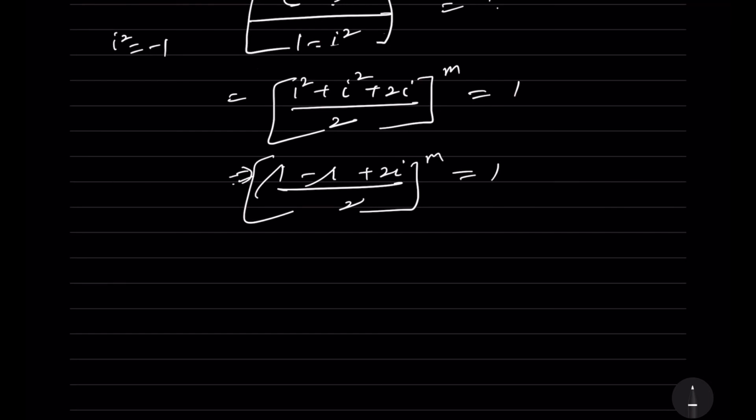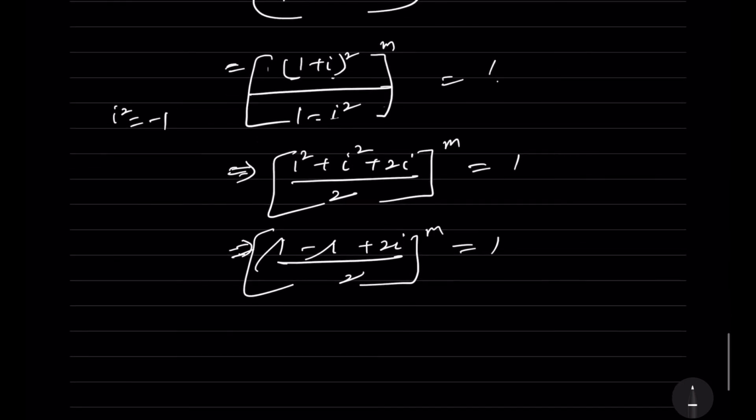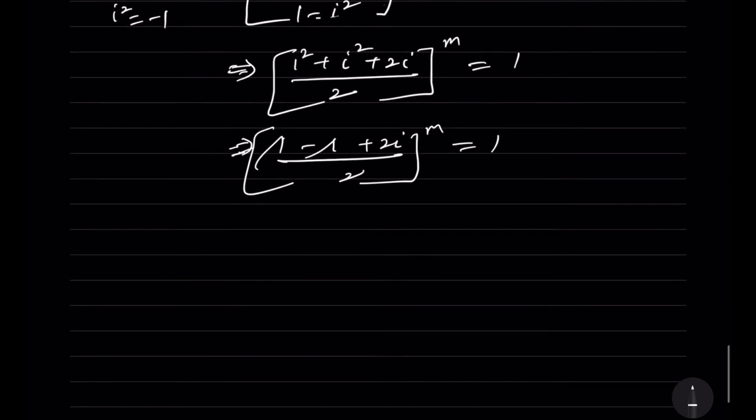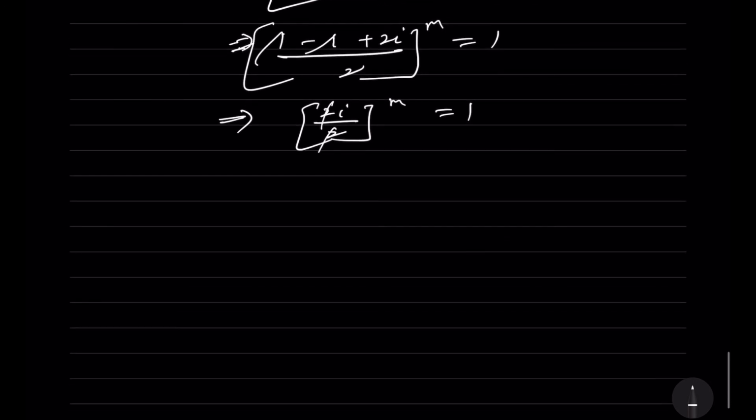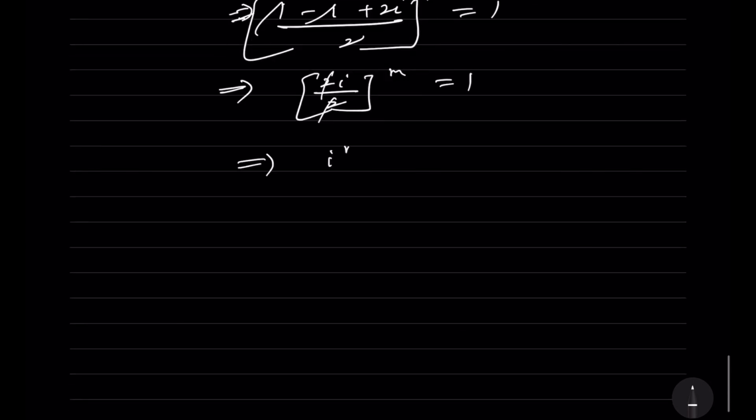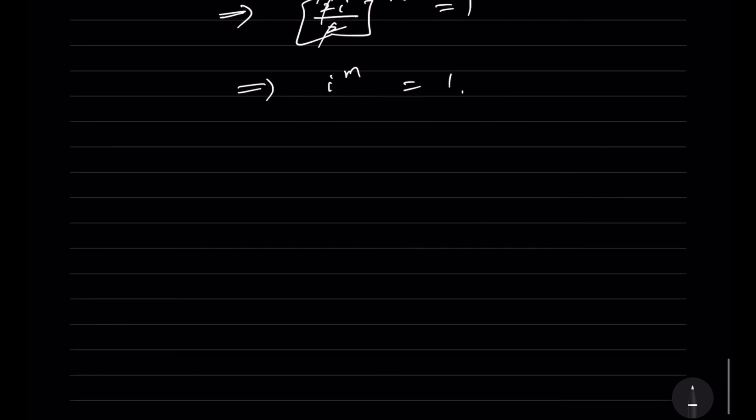So this implies 2i by 2 whole to the power of m is equal to 1. So here this is equal to i to the power of m, which is equal to 1. Know that i to the power of 4 is equal to 1, which is nothing but i square into i square, which is equal to minus 1 into minus 1, which is equal to 1.